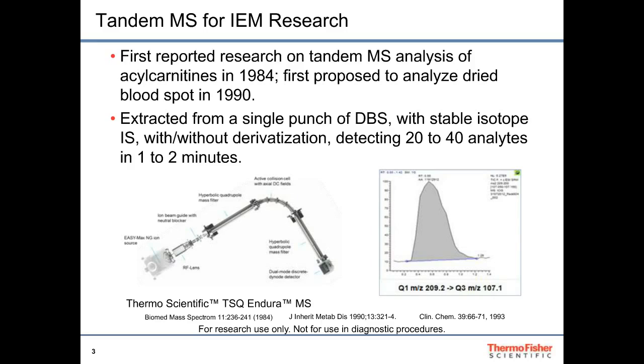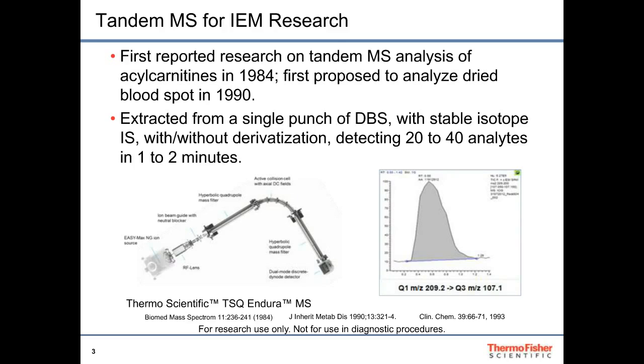And here we show in the bottom center of this slide an overview of one of our newest triple quadrupole mass spectrometers, which was used in this study. The samples, analytes, first get ionized in the source. Specific precursor ions are isolated in the first quadrupole.